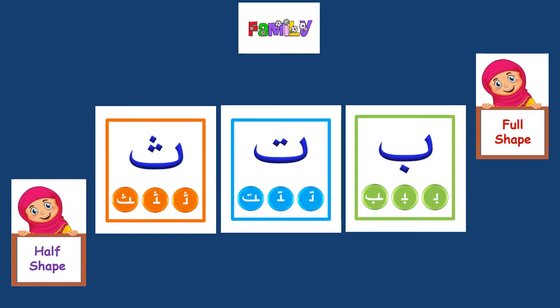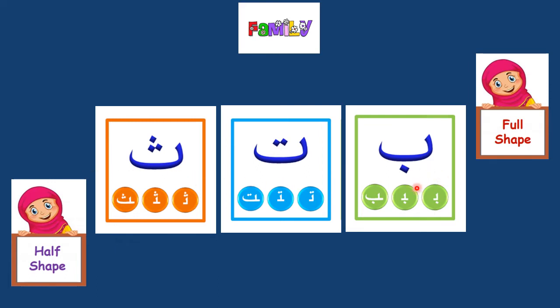Now comes the Ba family. The letters of this family are Ba, Ta, Sa. And you can see that the full shapes as well as their half shapes are the same, except the dots.